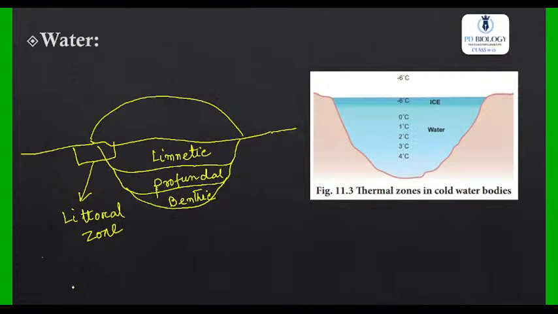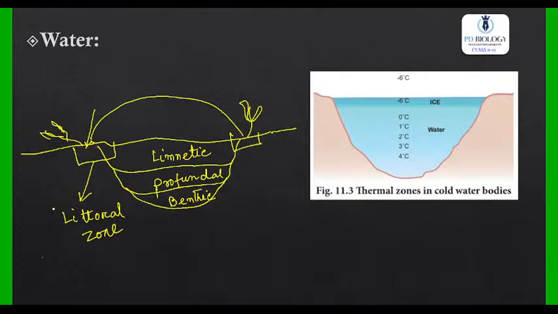So on the basis of the sunlight entering the water, the littoral zone is associated with plants, vegetation and animals also, and the sunlight reaches to the depth of the soil.